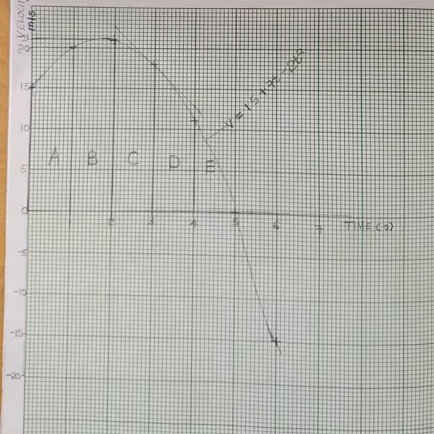Usually most candidates do not struggle at plotting the graph. Candidates will start to struggle when tested if they are able to use their graphs to answer the questions. So on part C, you will be examined to write down minimum or maximum value.